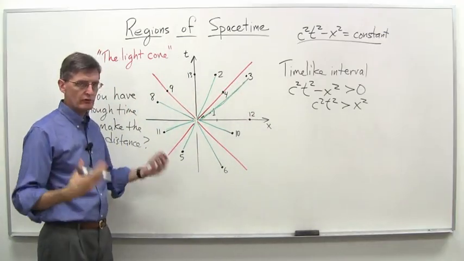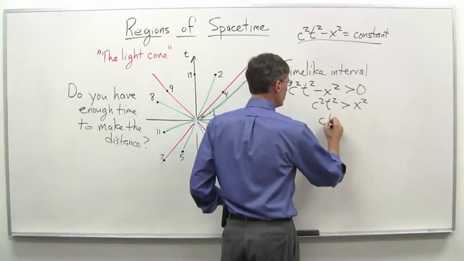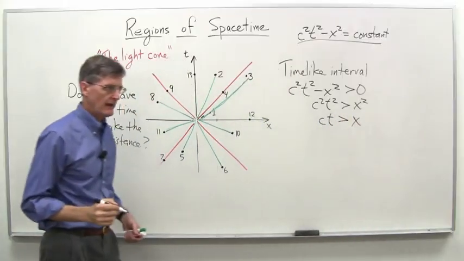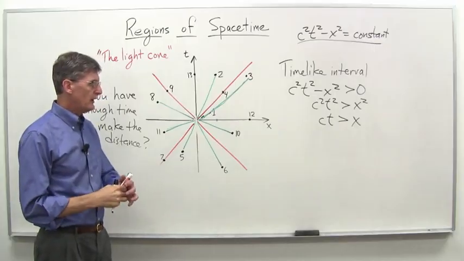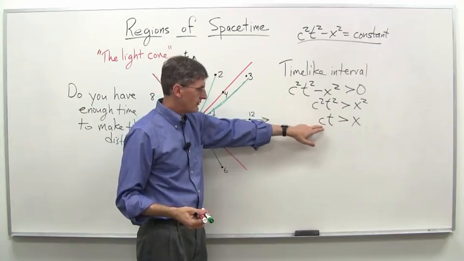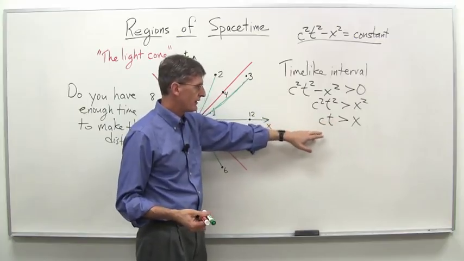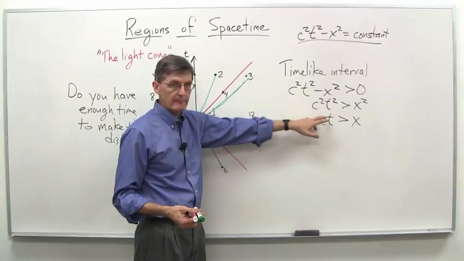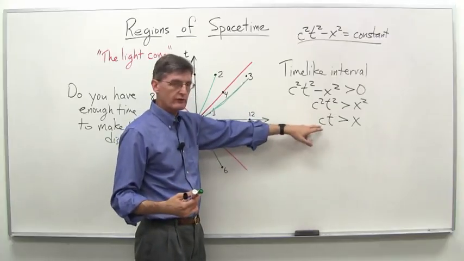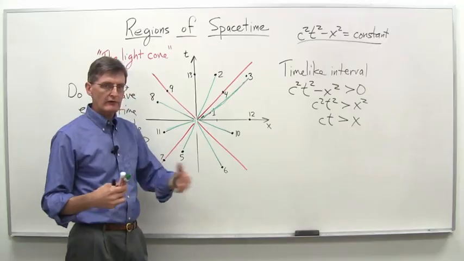Or if we take the square root and everything is positive here, we can say that ct, in general, is greater than x. Now, what does that mean? c is, of course, the speed of light. c, the speed of light, times a certain time is the distance that light can travel in a given time. If I say, okay, I've got 10 seconds, I've got 10 minutes, how far does light travel in that time?